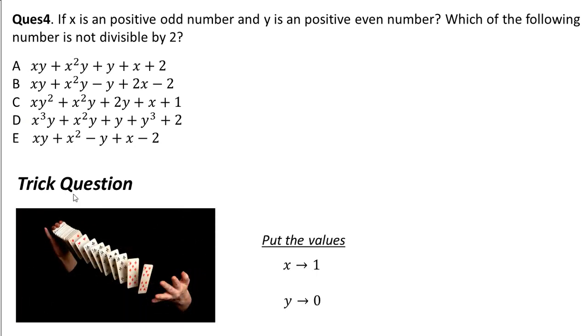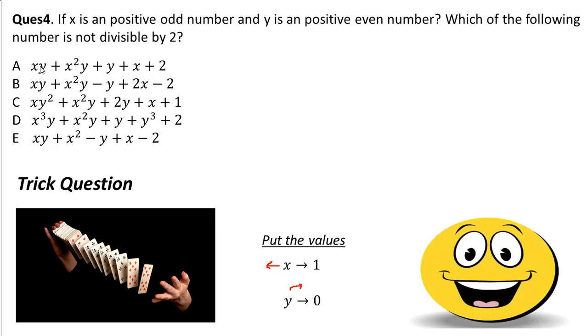See, put the values directly. X is odd, take it 1. And I know y is even, take it 0. Now see, as soon as I take the value of y to be 0, this becomes 0, this becomes 0, and this becomes 0. So x is 1, so the value of this becomes 3.